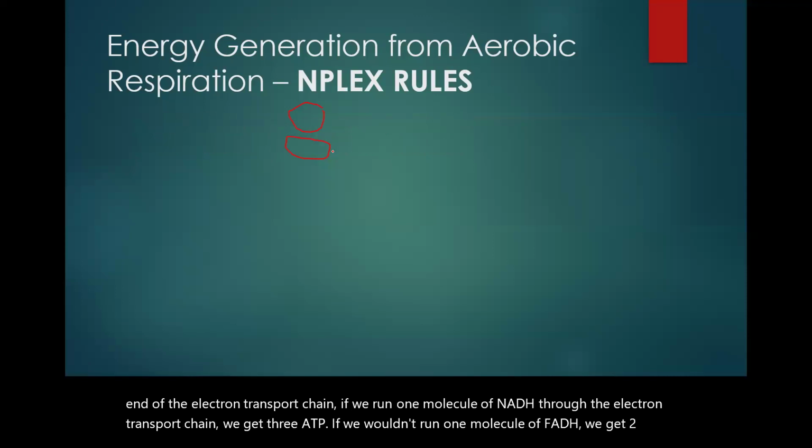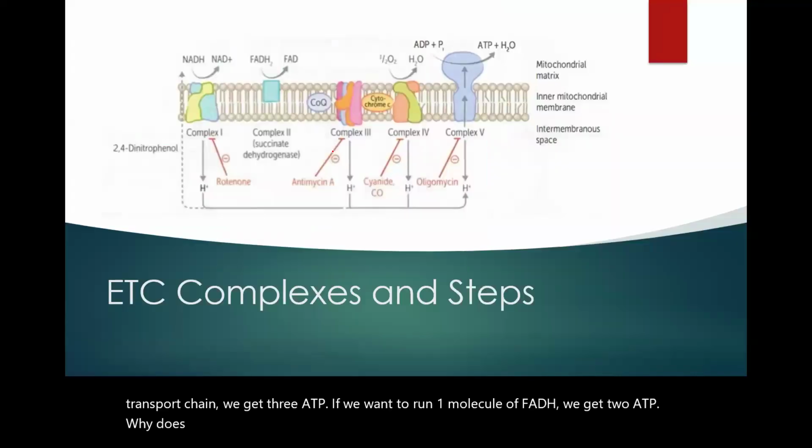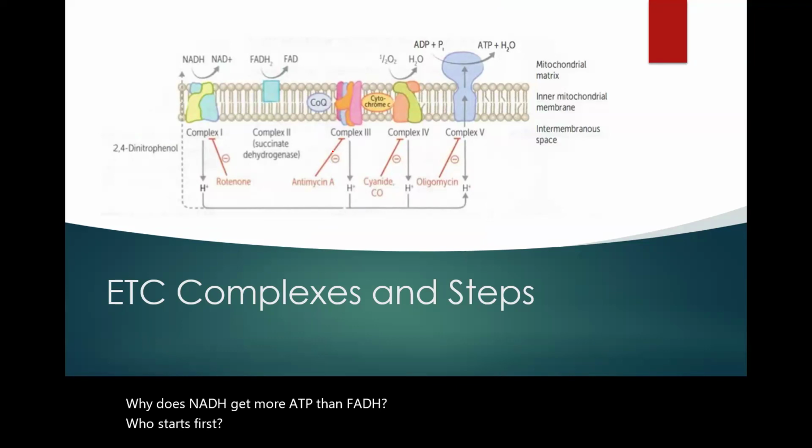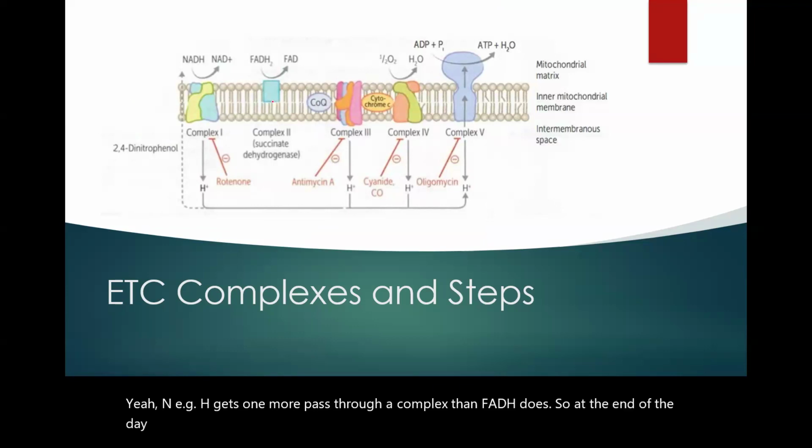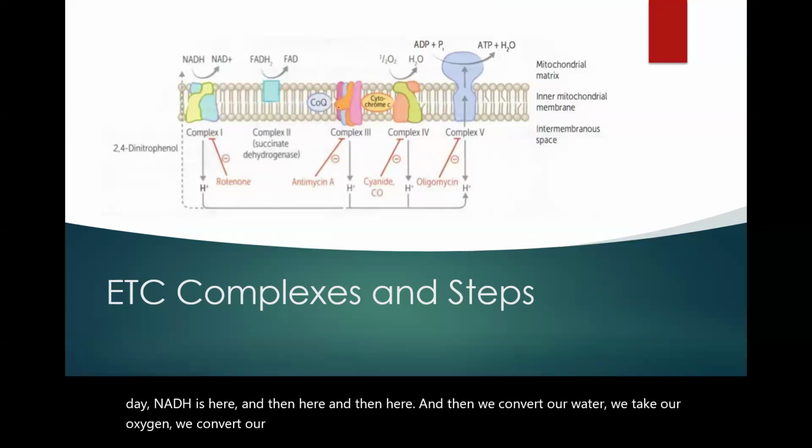Why does NADH get more ATP than FADH? Who starts first? Yeah. NADH gets 1 more pass through a complex than FADH does. So at the end of the day, NADH is here, and then here, and then here, and then we take our oxygen and convert it to water. FADH only gets 2.